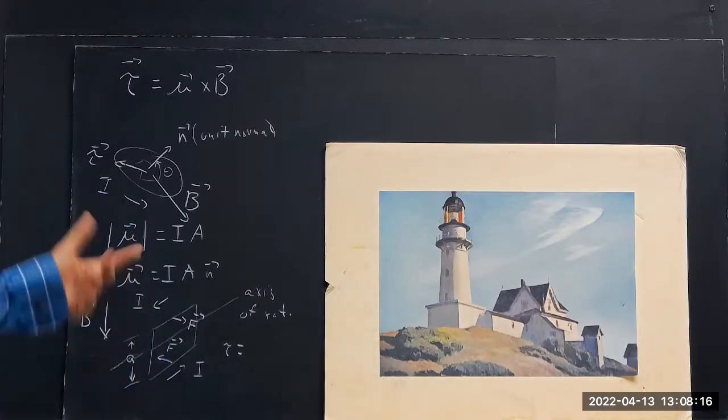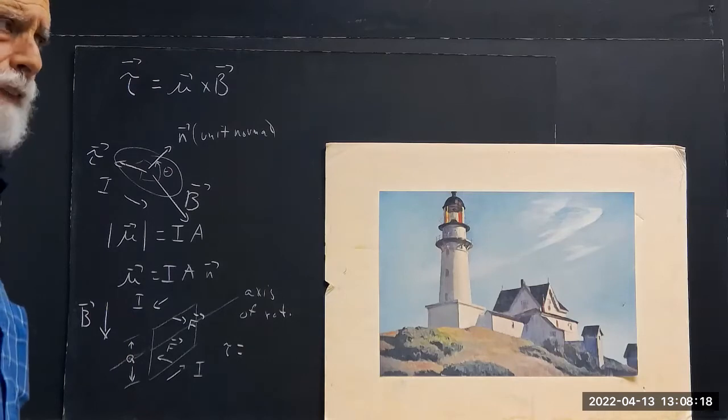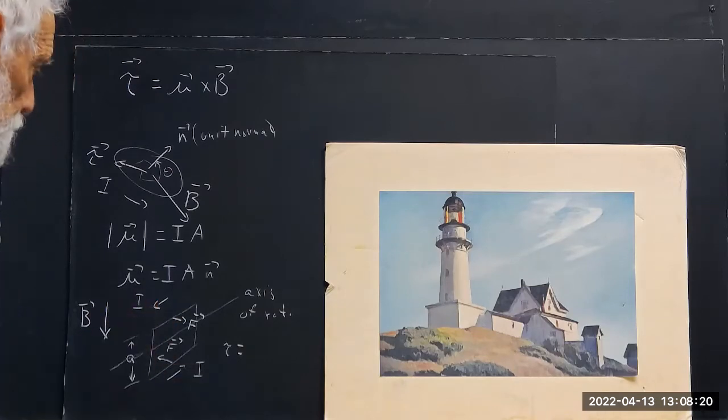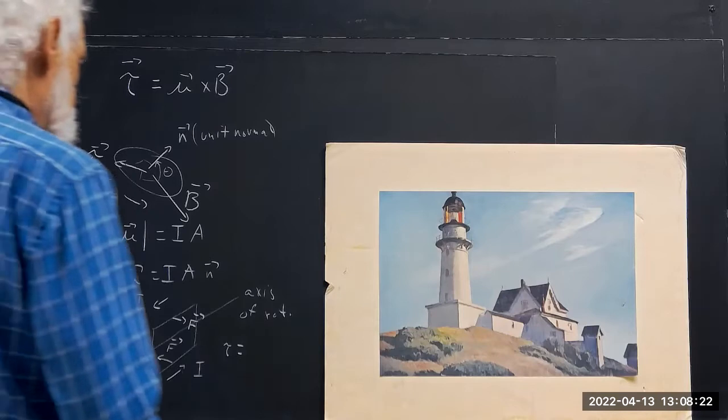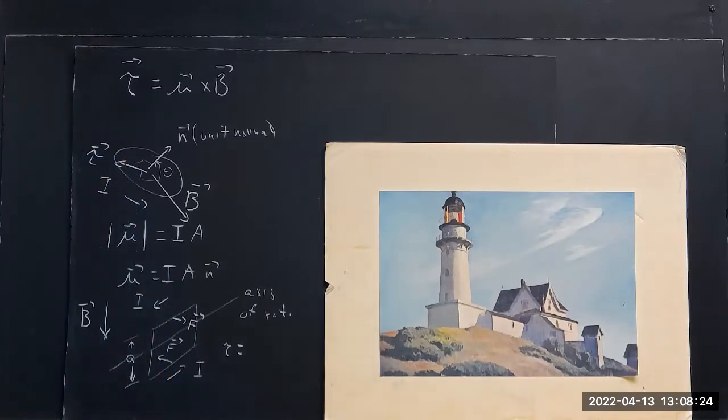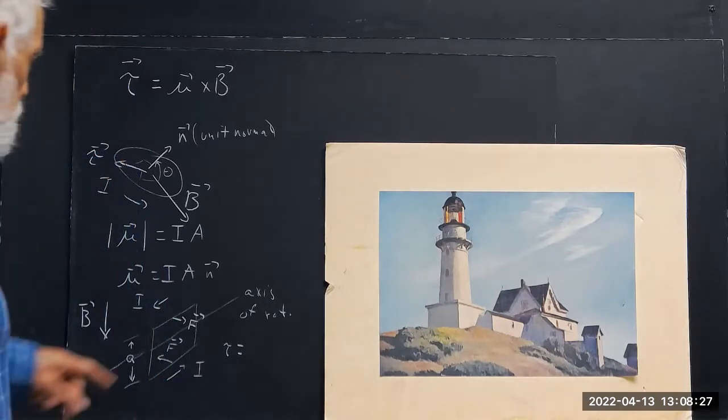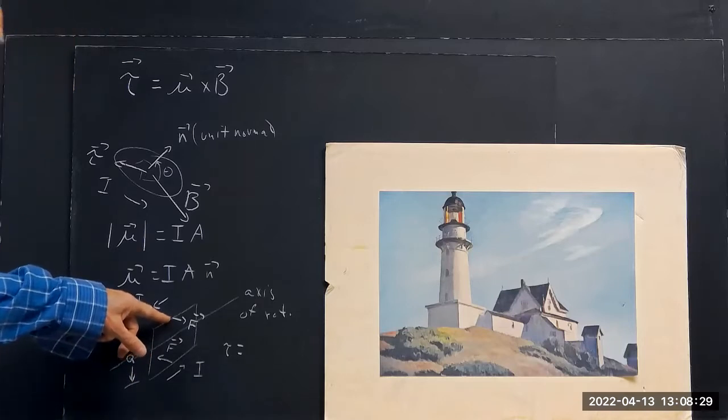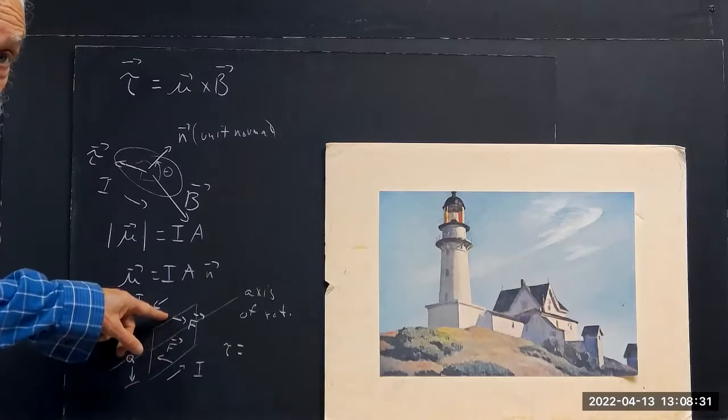I didn't really look at their derivation. I think they did one. But okay, so your torque has a magnitude of what? Well, this force is acting at a moment arm of A over 2, right?